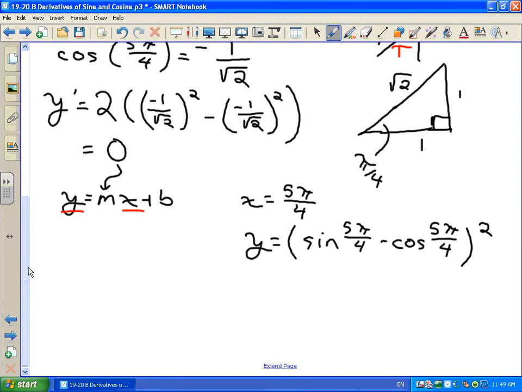So we can just sub in those values. We get negative 1 over root 2 for each of these, and we're going to square this. And what do we get here? 0 again.